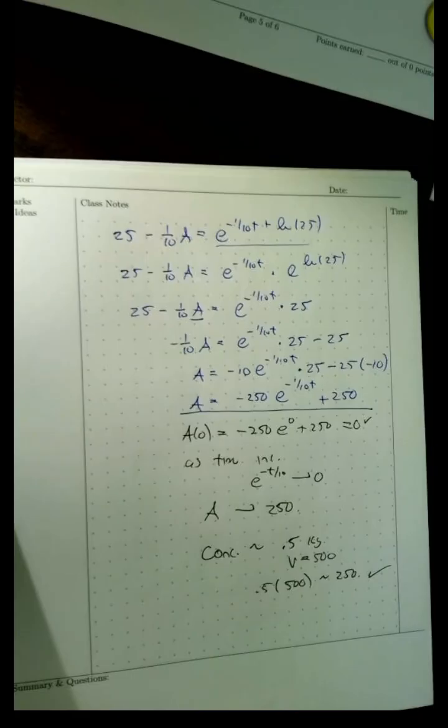This is going to be minus 10 log of u. This can be the integral of dt, t plus c. So I'm going to get minus 10 log of 25 minus 1/10 A is t plus c. Now again, I have an initial condition, so can I just use this to figure out what c is?